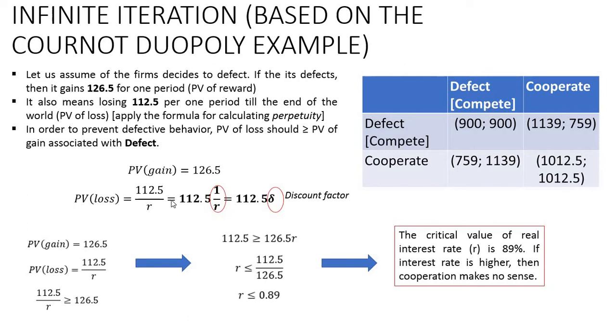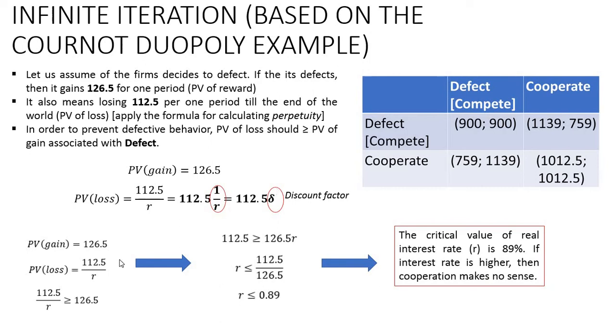So I will get back to this in a minute, but basically if some payment occurs regularly, like once in a period, and there is an infinitely big number of these periods, then the aggregate present value of all these payments is equal to the payment multiplied by 1 over r. So sigma is calculated as 1 over r in case of perpetuity. So it will depend on the number of periods assumed in this game, and we call it a discount factor.